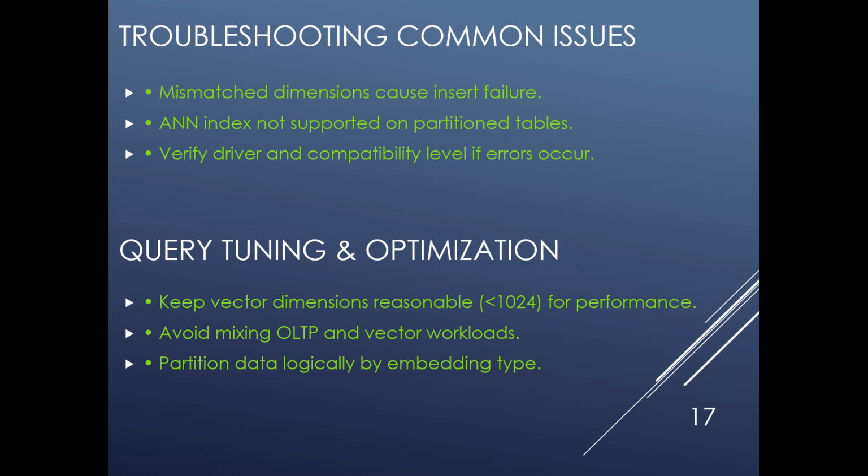What I mean by saying this: create a separate table for embeddings for vector type, and create a primary key, and always try to create a single table for one embedding.